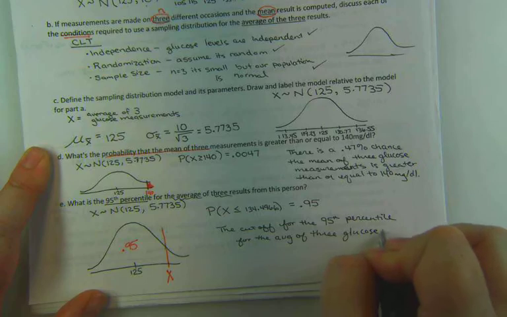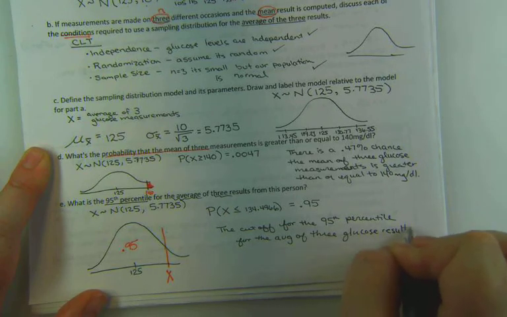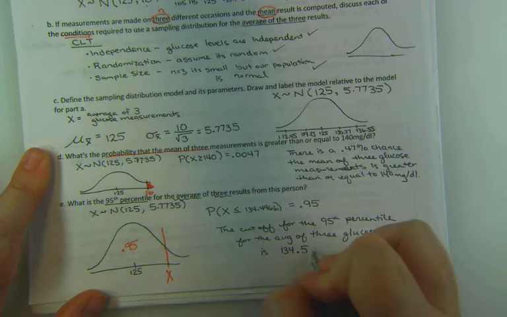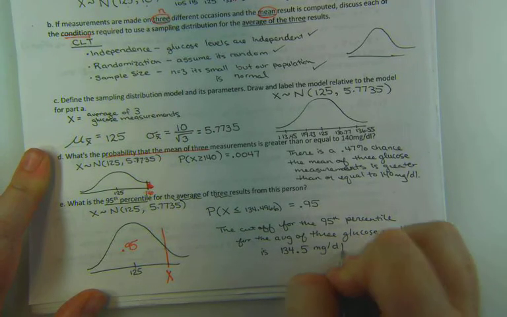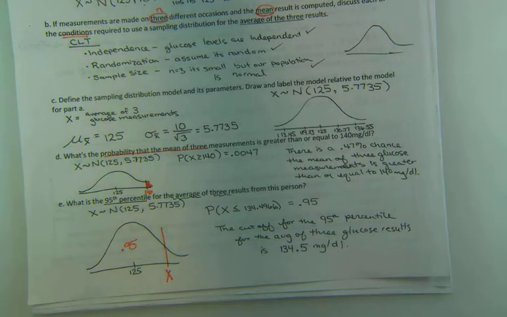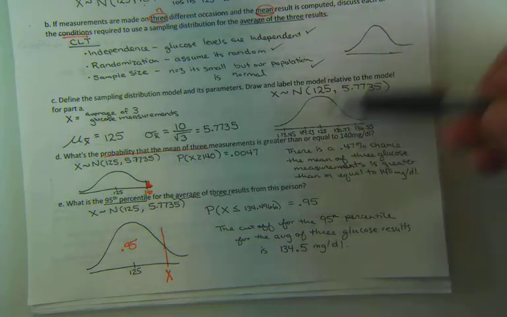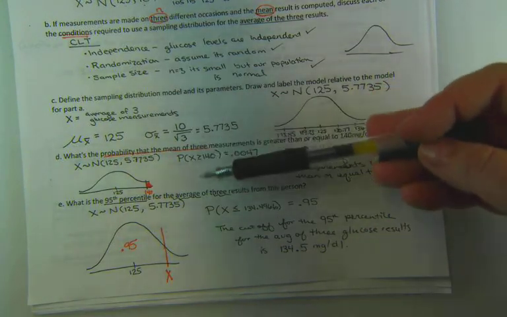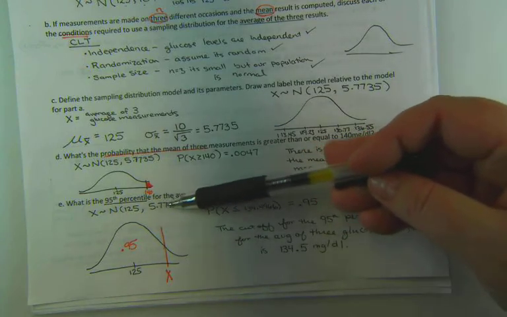So in GeoGebra, plugging it in, and remember with GeoGebra we plug in, so X is going to be less than or equal to something, we don't know what, and the area to the left is 0.95, and then GeoGebra will fill in the blank here with the number 134.4966.